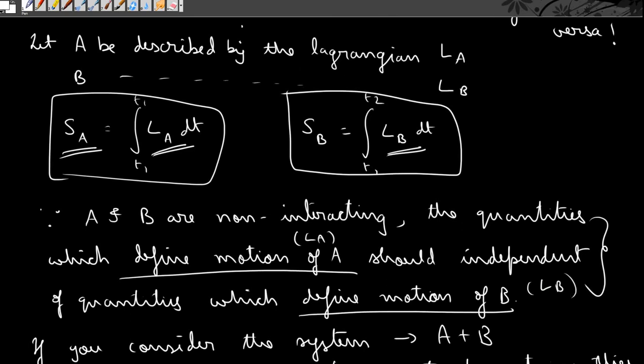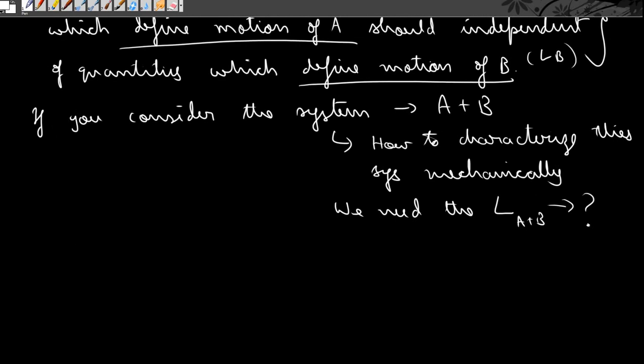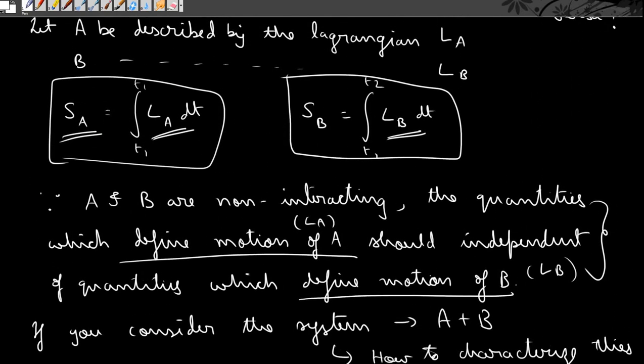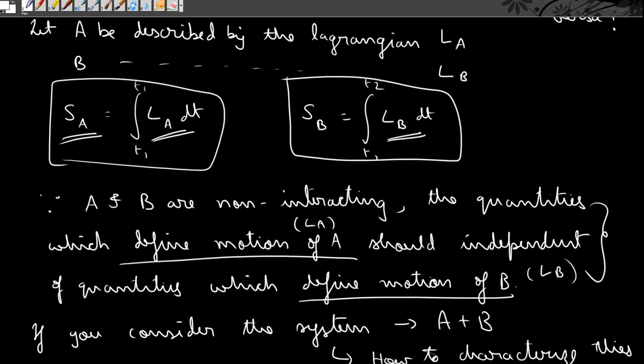But when I consider the motion of the two particles as a whole, the Lagrangian of this particular system must depend on the quantities which define the motion of A and the quantities which define the motion of B. Since LA and LB alone do not contain all of these quantities, we need to somehow include both of these Lagrangians.